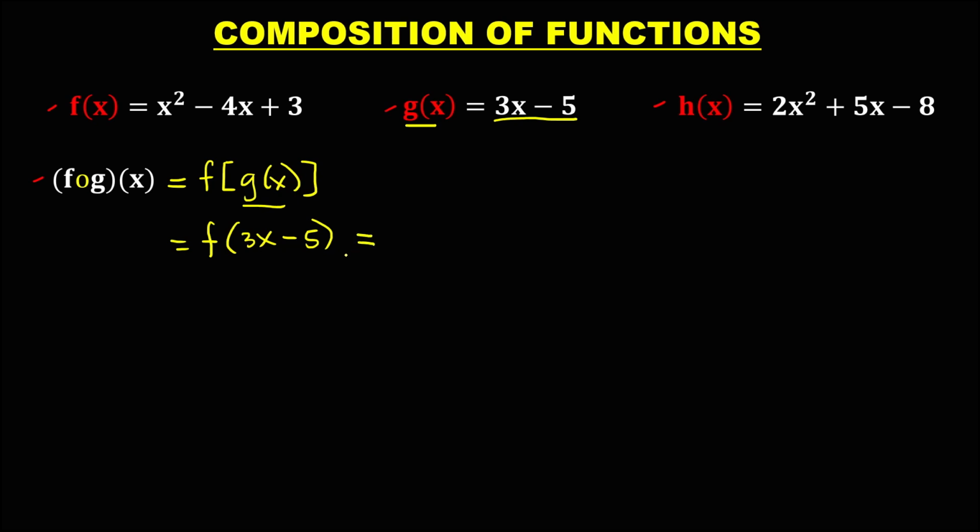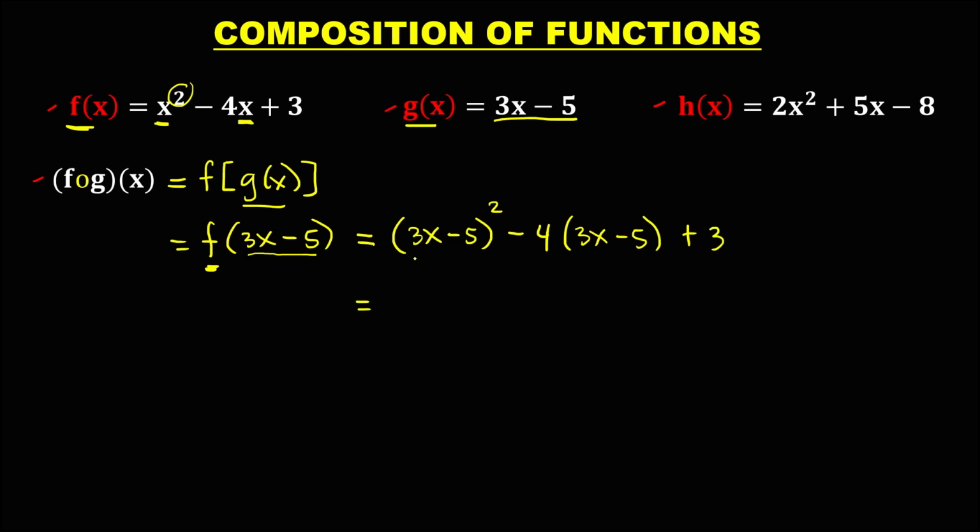Then to simplify, from f of x, x is equal to 3x minus 5. So this becomes (3x minus 5) to the power 2, then minus 4 times x, and x is 3x minus 5, then plus 3.